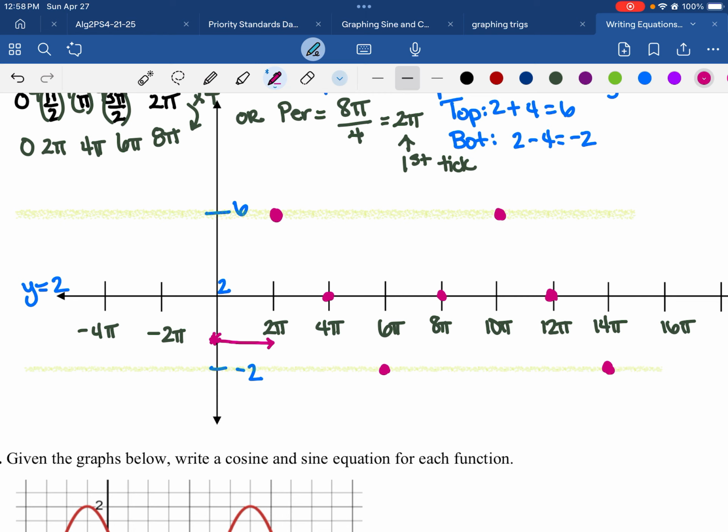And then I would graph backwards, so middle, bottom, middle, and then I would sketch that out and make it curvy. Try to keep it curvy, and do not go past your intervals.